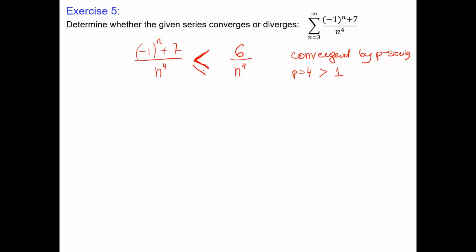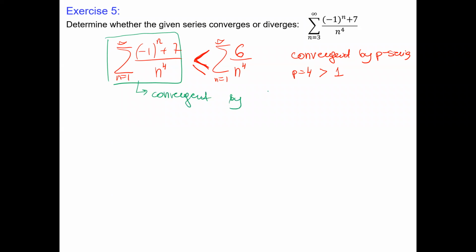But then the inequality will be placed the other direction. Then the summation for the same number of terms, the inequality holds. And that 6 can be placed in front as a constant. This is convergent. Our infinite series is also convergent by direct comparison test.